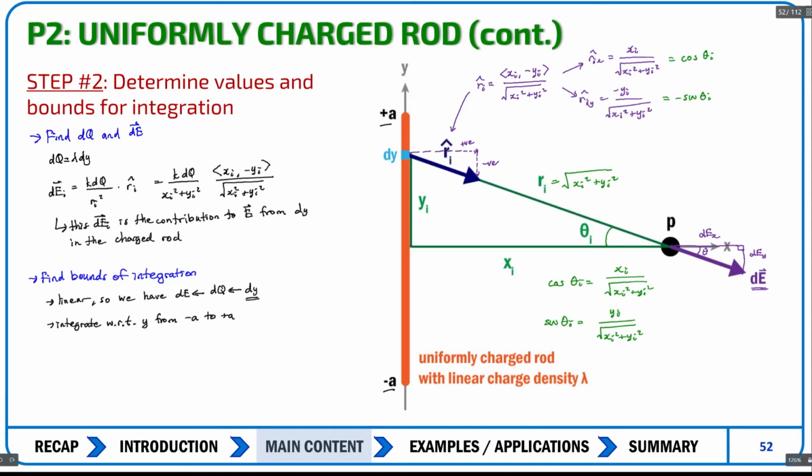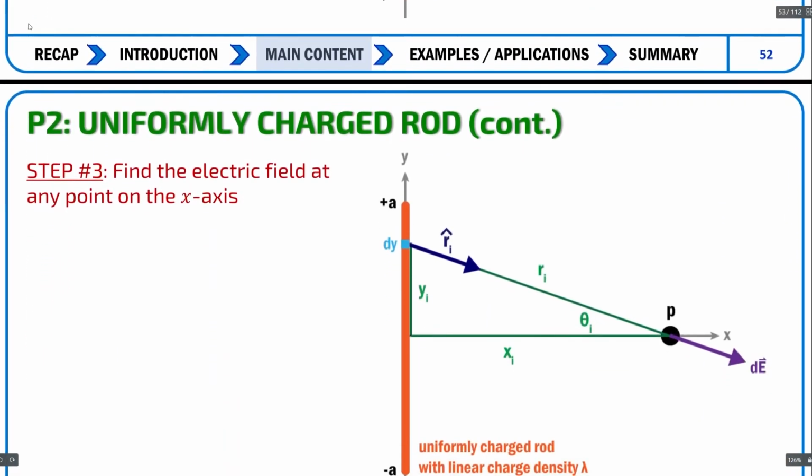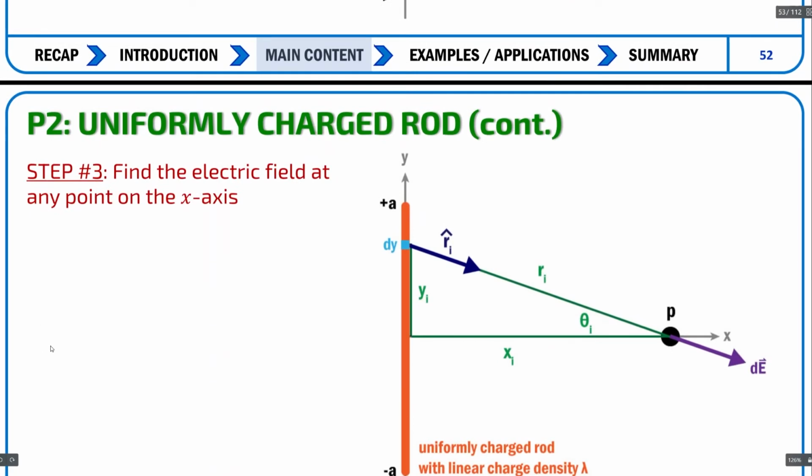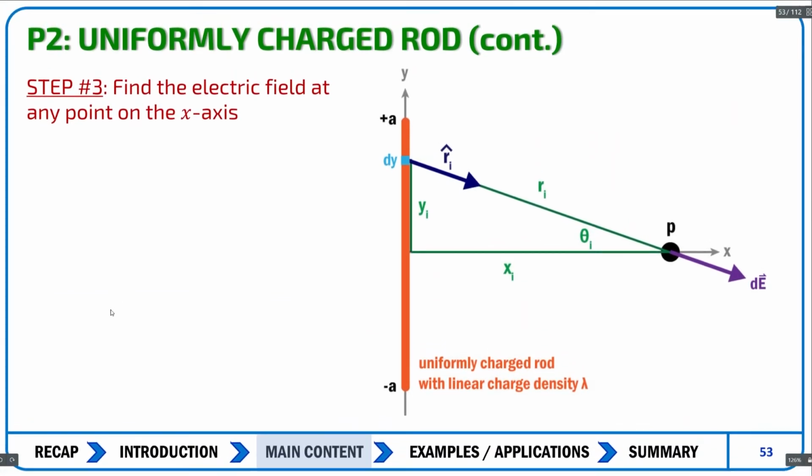Okay, so next one. Now we're trying to find the electric field at any point on the x-axis. Okay, that gives us enough space to do it. So how do we put this together? We have to try and figure out a way to set up this integral.